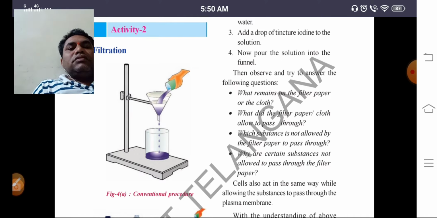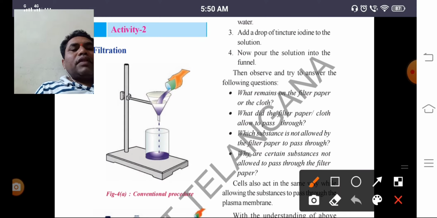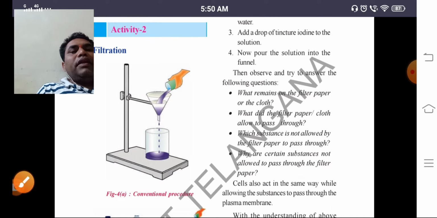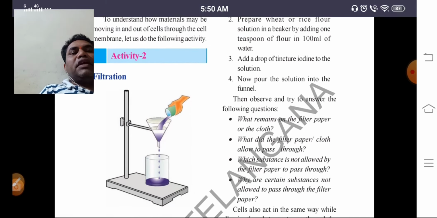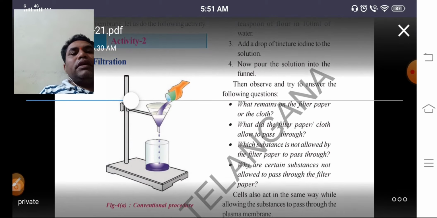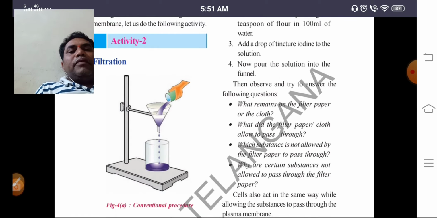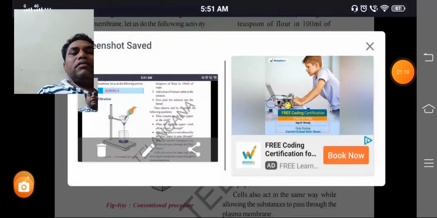Let us take a beaker and 100 ml of water and add 1 spoon of wheat or rice flour to the solution. Now you have to filter that solution by taking a funnel and arranging this model.